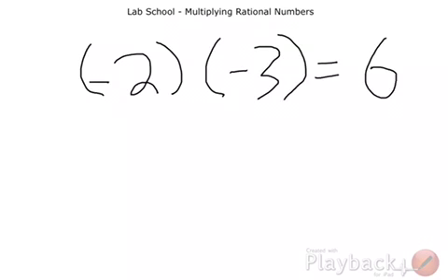If we think about this again, well, we have negative 2 groups. So we're taking away 2 groups. And in each group we have negative 3. So this is kind of like saying, well, I owe 2 people $3, negative 3. And then a nice gentleman comes along and says, I'm going to take away your debt.